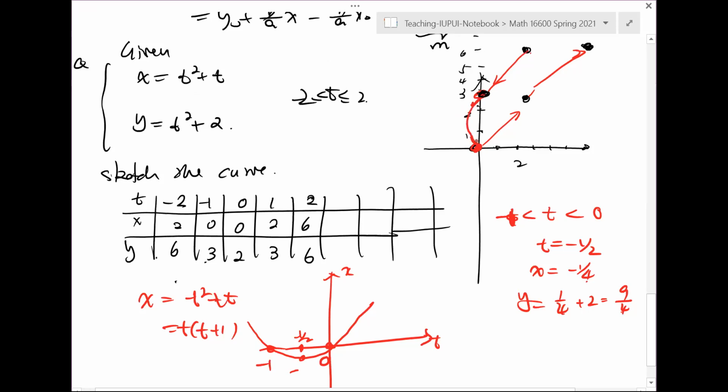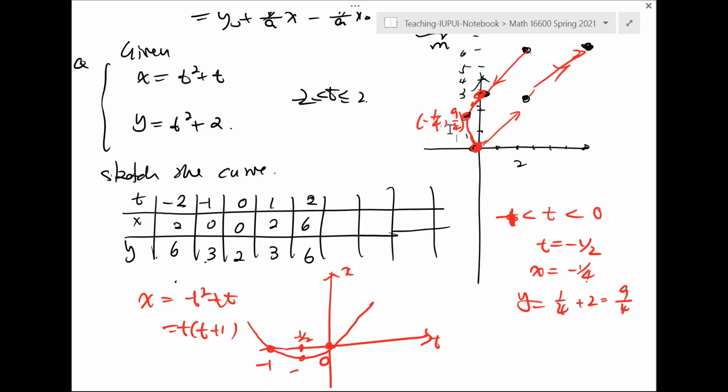So this is the graph, and this point is (-1/4, 9/4). This is the point on the left-hand side, the farthest point it can get. So I think this is a really good picture.